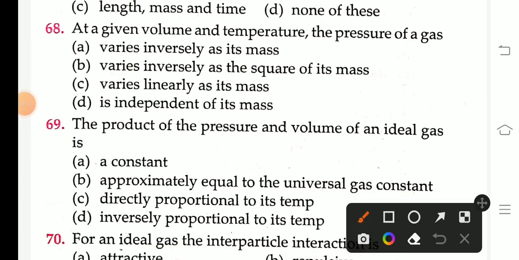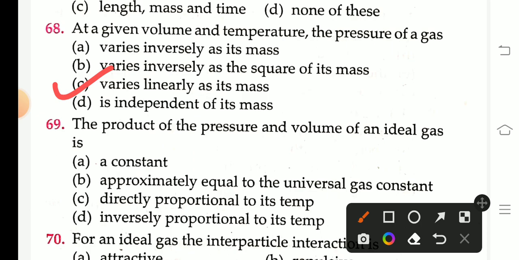At a given volume and temperature, the pressure of a gas, right answer will be option C, varies linearly as its mass.